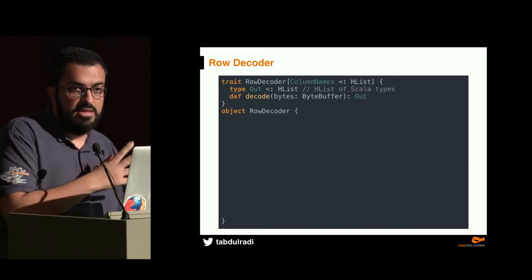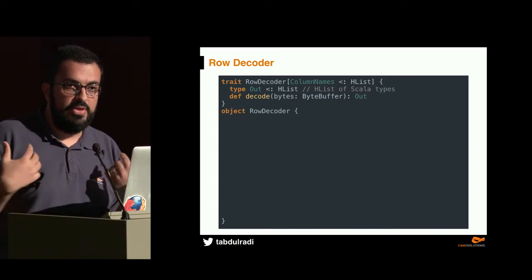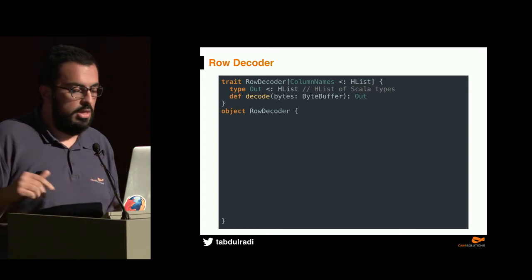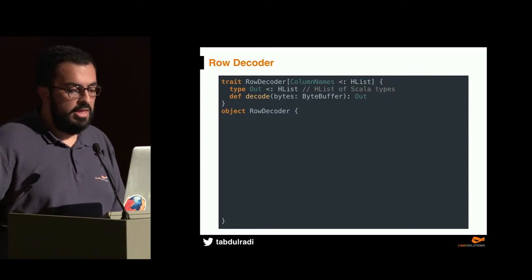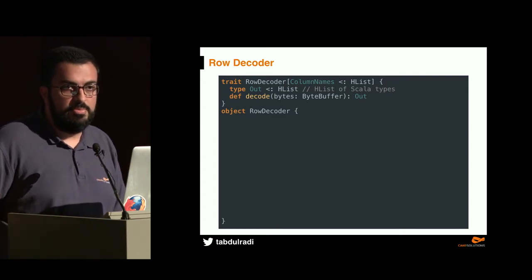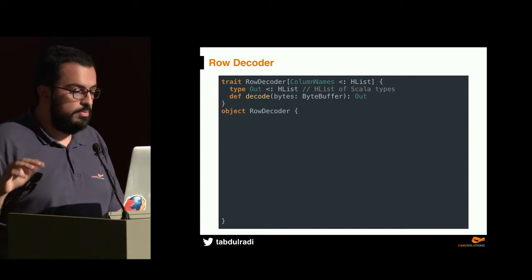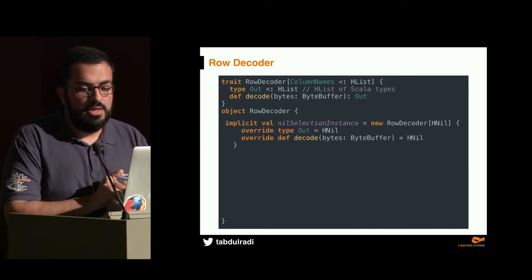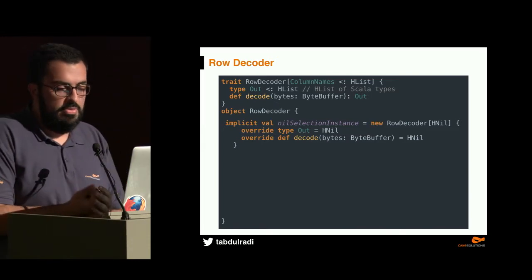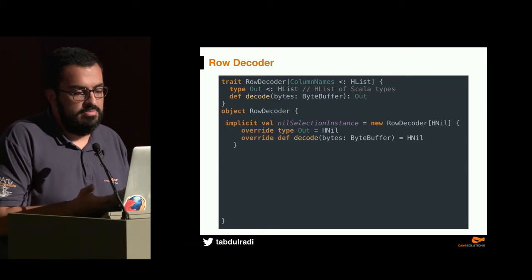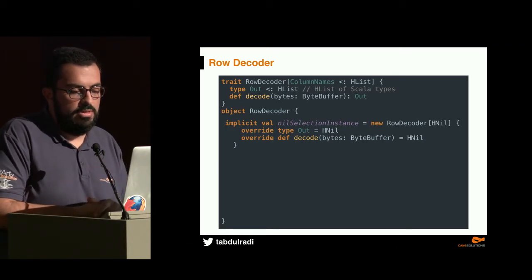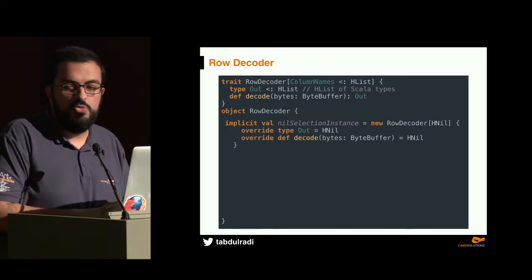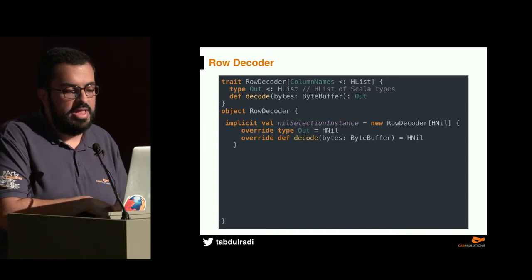You do something on the head, then you do something on the tail, then you concatenate the results together. Luckily there should be some base case to terminate this recursion. So we're going to do the same. First we need a base case. The base case here: the HList is empty, like select nothing. That's simple. The output is also an empty list, and we have nothing to decode. Give you back an empty list.